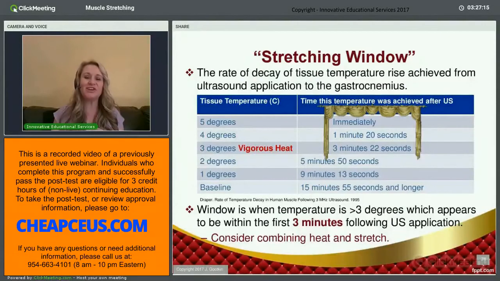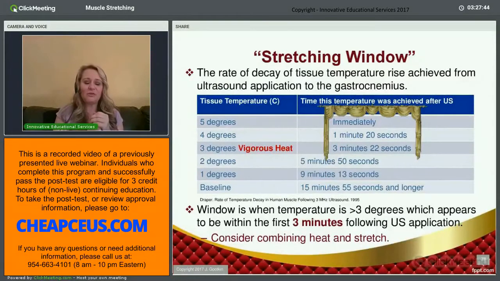What we have to consider is our stretching window. And this is very interesting if you haven't heard of the stretching window before. This comes from the research by Draper, who completed a series of studies back in the 90s. I don't know how he had participants for this study, but it's fascinating. He had different participants who allowed for a hypodermic probe to be inserted into their tissues to monitor the temperature.